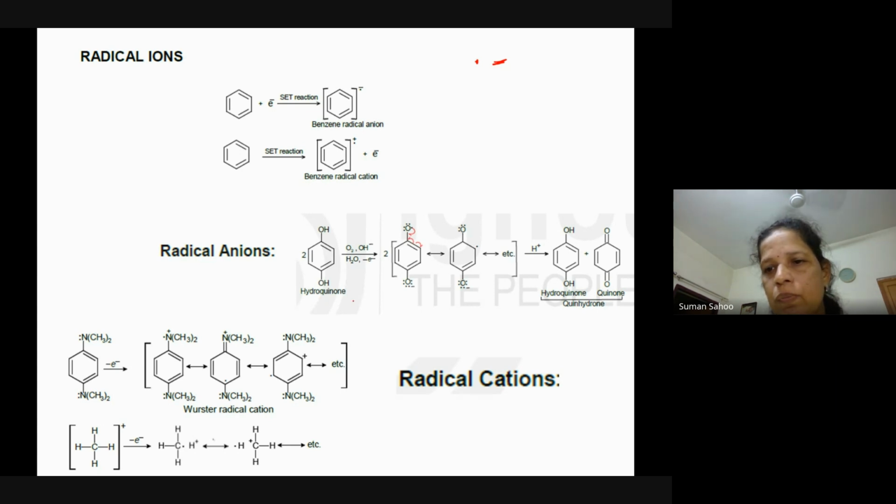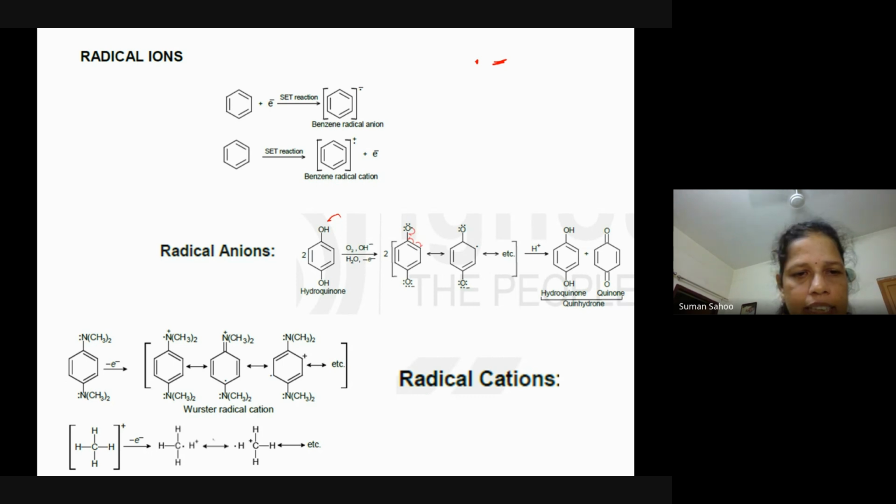In presence of your OH minus, one electron is given to this one, and one hydrogen is being removed from this one. So you have a radical as well as an anion. So this one is resonance stabilized in this way, and finally that would give you hydroquinone plus quinone. Okay, that is radical anion.